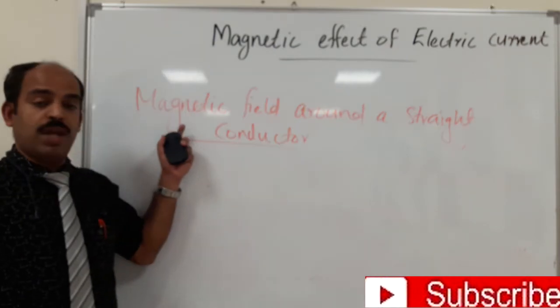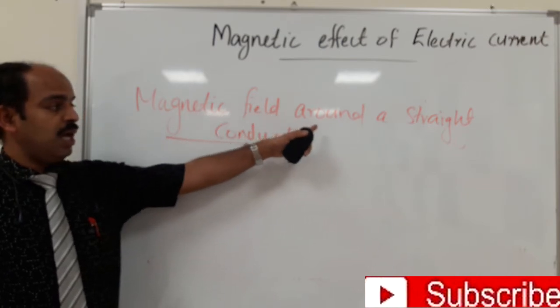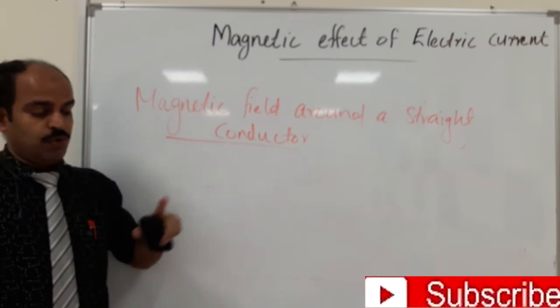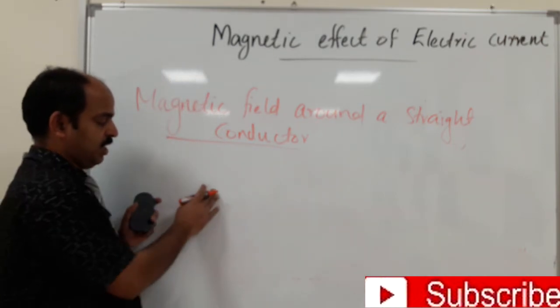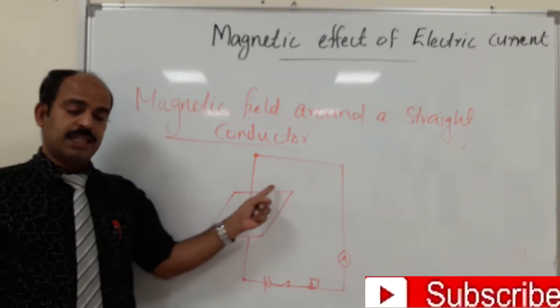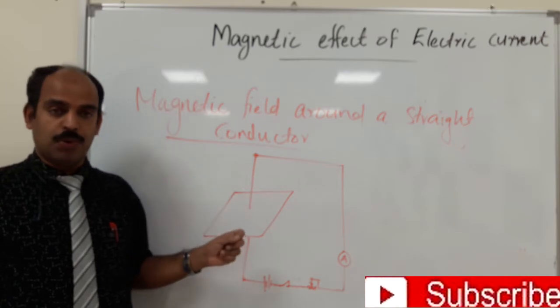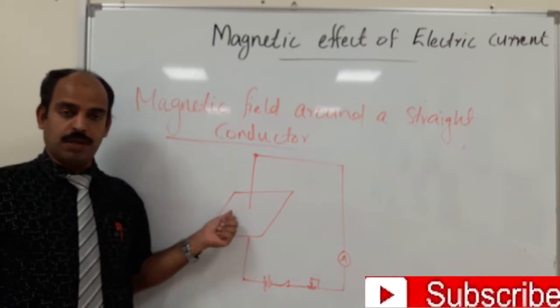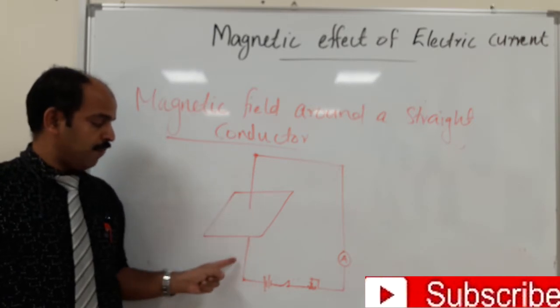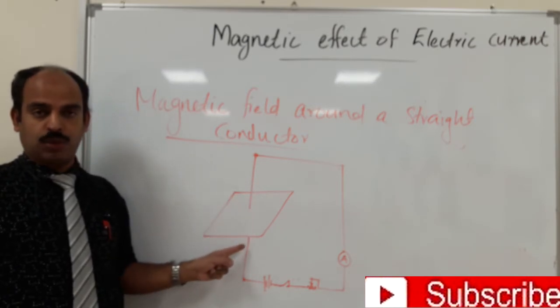Okay. Now we have the magnetic field around a straight conductor. To find out the magnetic field around a straight conductor, let us do an activity. For that, let us consider a rectangular cardboard. Now make a small hole at the center of the cardboard. Now pass one thick copper wire through it.